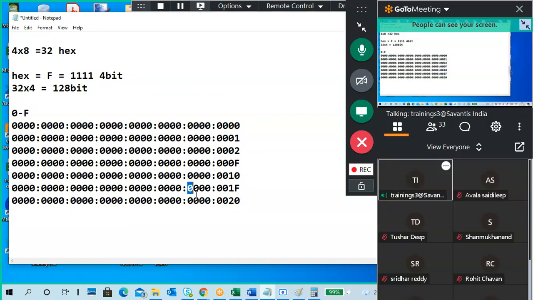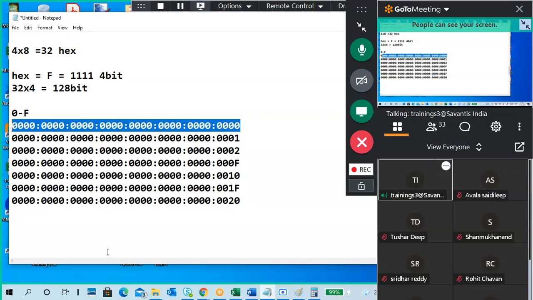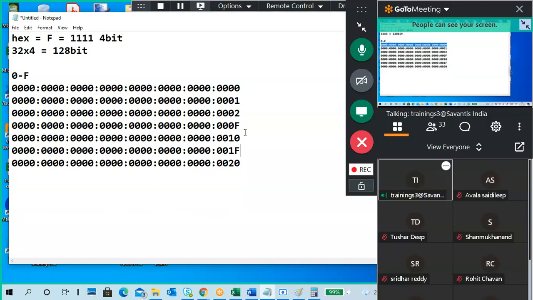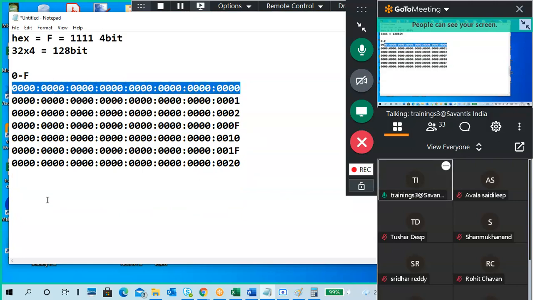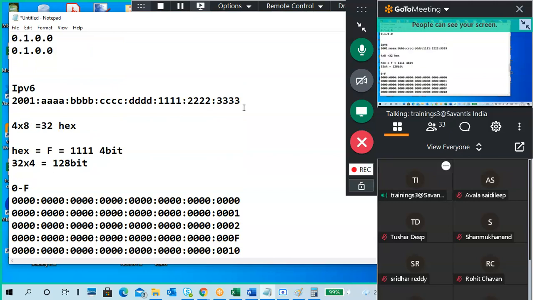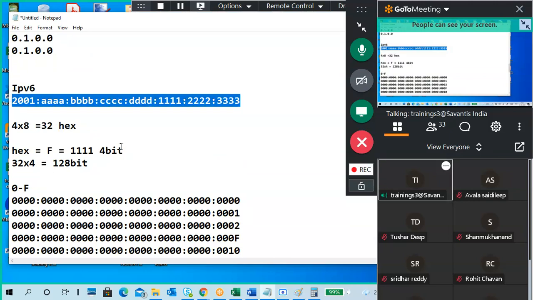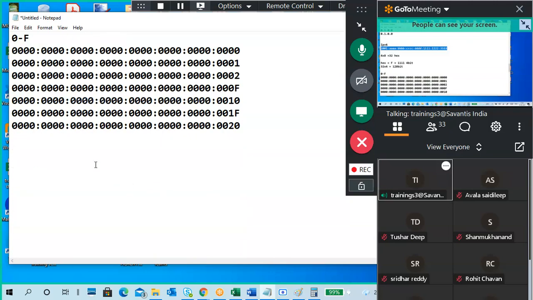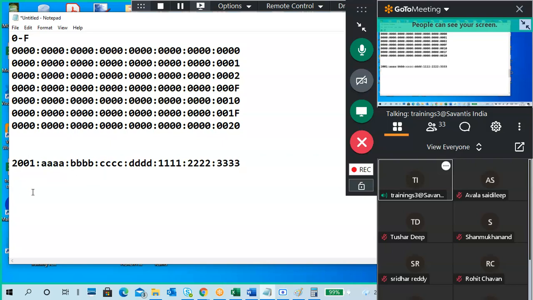Each hex digit represents 4 bits. If you write this into binary, I can write this easily, not required zeros. 2 represents 0010. The next zero represents zeros. This is the first block only.